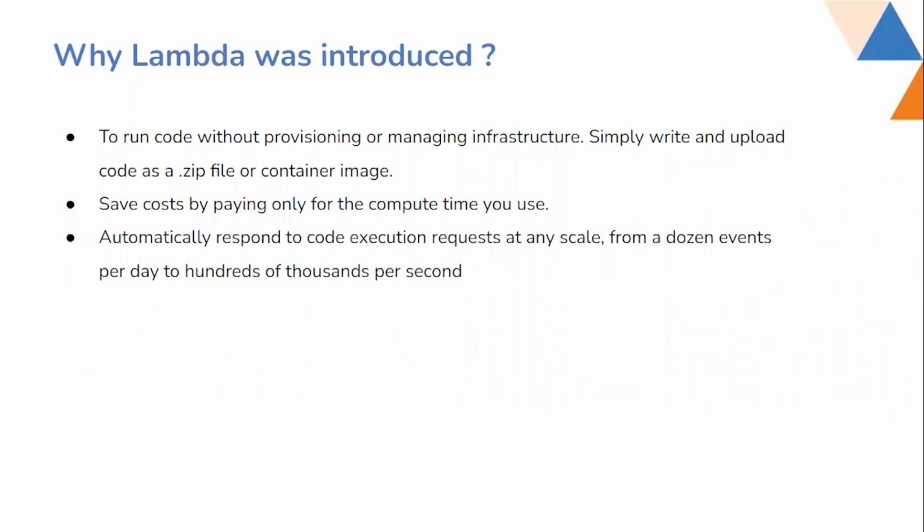Once some stream of data is updated somewhere, it will be sent to the Lambda, and the code that we zipped and uploaded into the Lambda will broadcast that entire information to multiple channels.